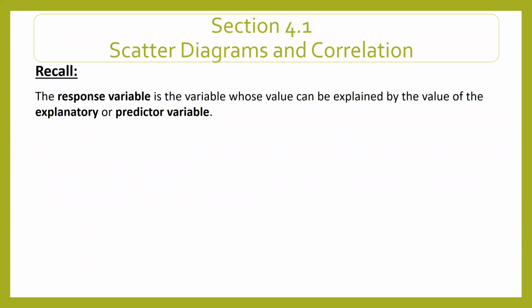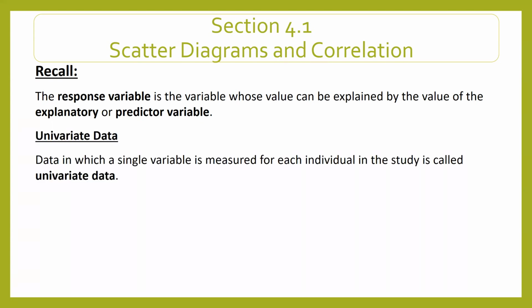So let me recall some of the terminologies that we've seen in the previous videos. The response variable is the variable whose value can be explained by the value of the explanatory or predictor variable.